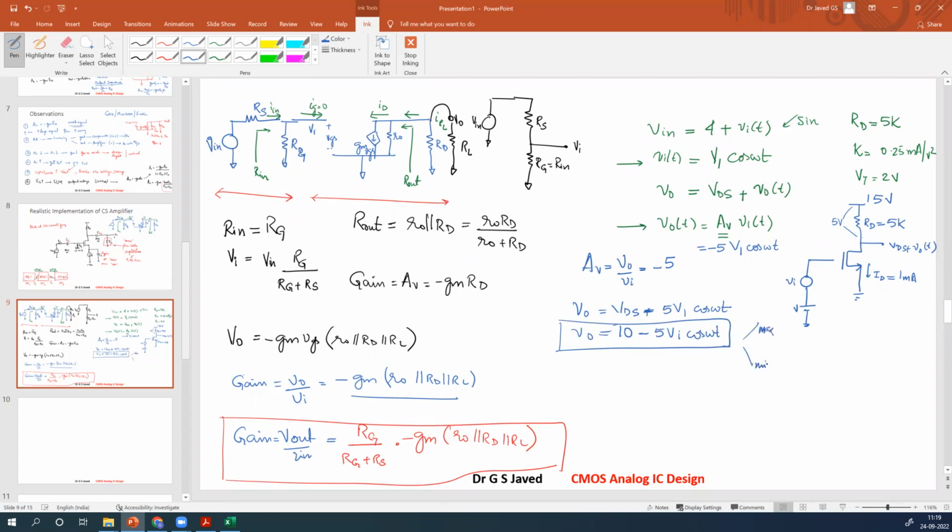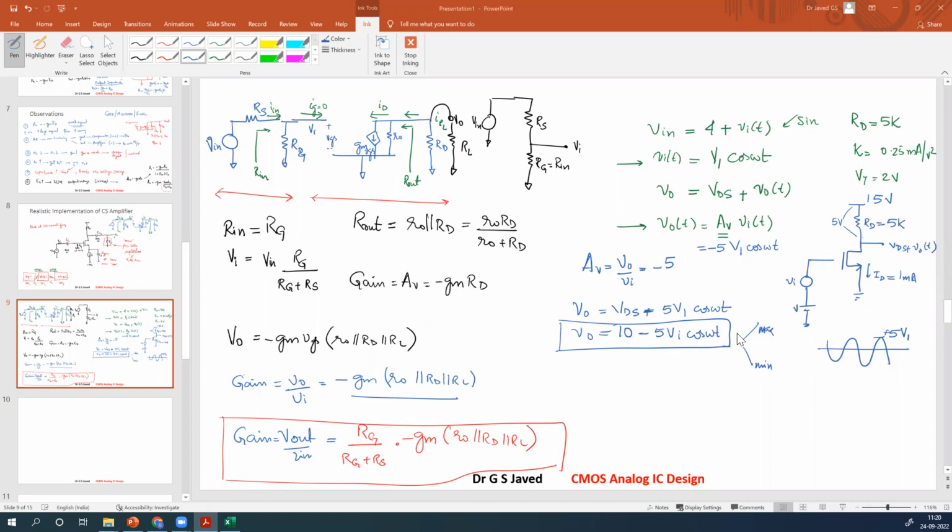For a cos signal, what is the max? Maximum amplitude is 5, right? Plus 5 V1. Negative is going to be minus 5 V1. Correct?